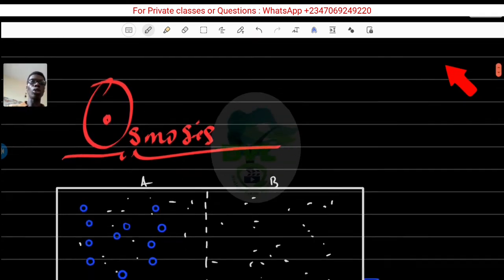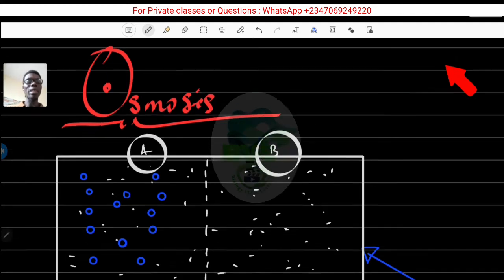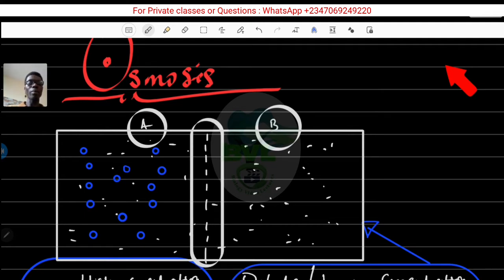In osmosis, you should know that 2 regions must be established. In this instance, I'm talking about region A and region B, and they are being separated by a membrane that is called semi-permeable, or we can say partially permeable.